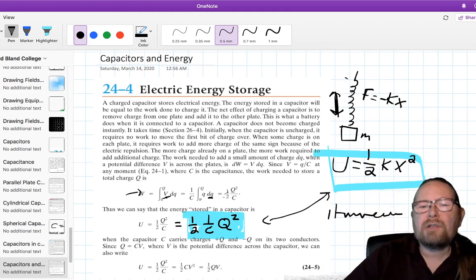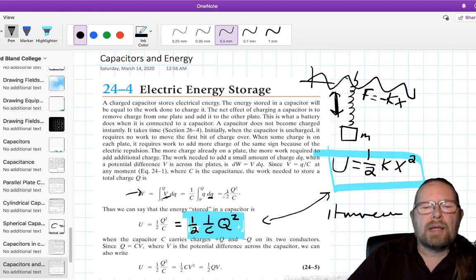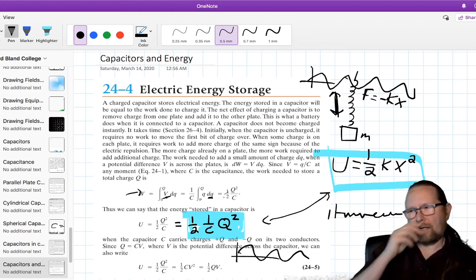And that the oscillatory motion of a mass on a spring can be related to the oscillatory flow of current in certain kinds of alternating current systems.